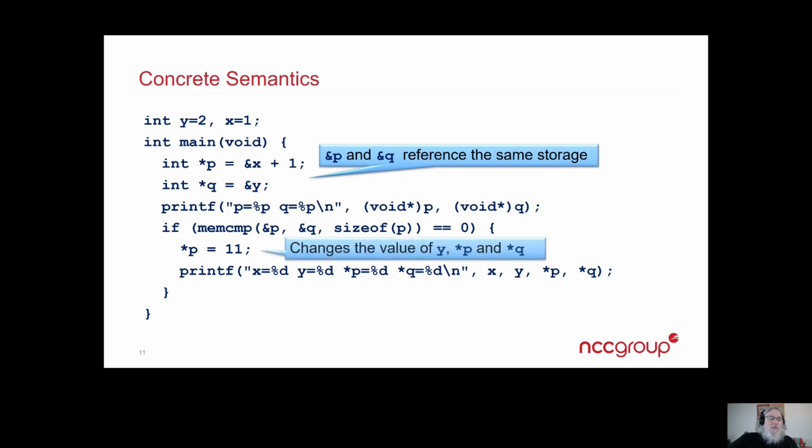And so when we perform this write through p, we're going to change the value stored in y, which is also the value referenced by p and q. So when we print out the results, we'll see that the value of y has changed, the value of *p has changed, the value of *q has changed. All three of those have changed. x has not been written to, so x remains the same.